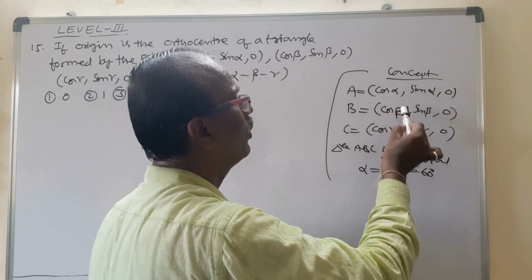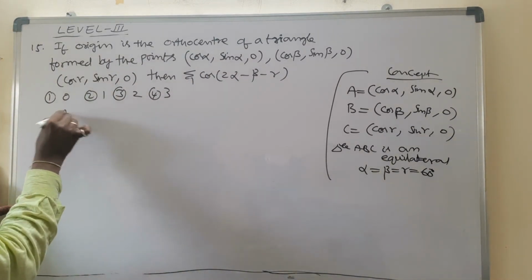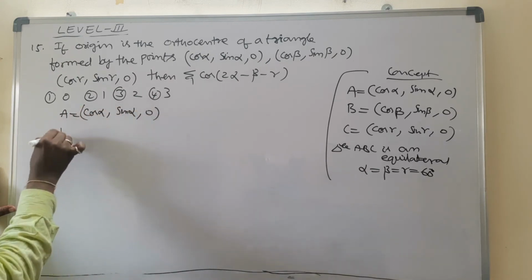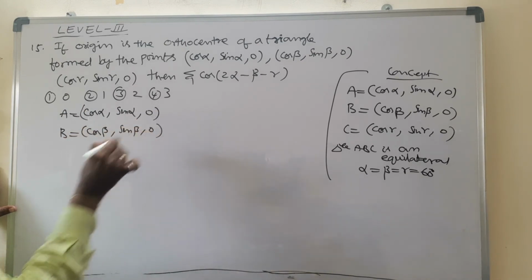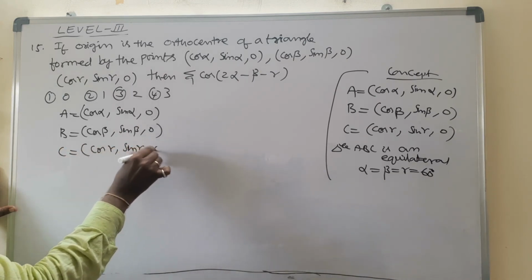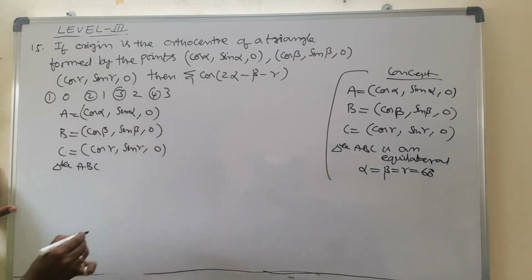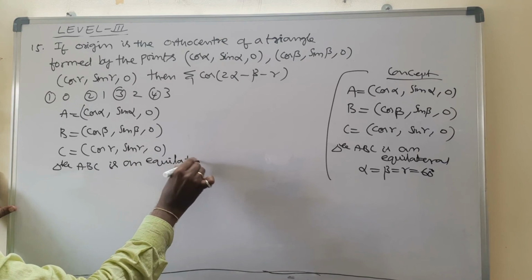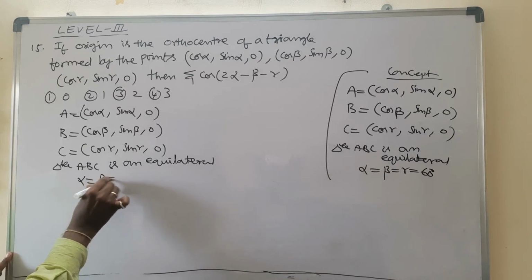Here alpha equal to beta equal to gamma, take 60 degrees. Triangle ABC is an equilateral triangle, so the angles alpha, beta, gamma are each taken as 60 degrees.